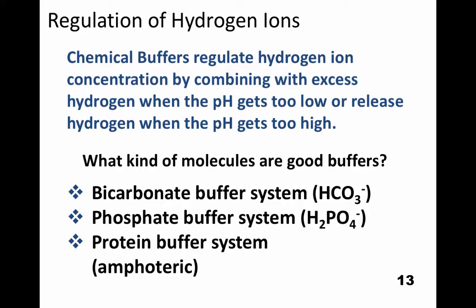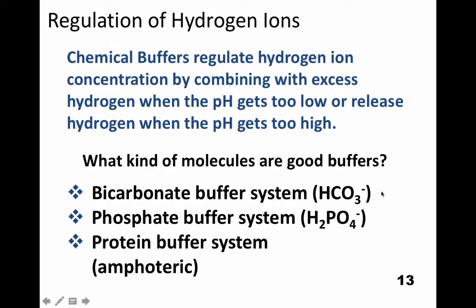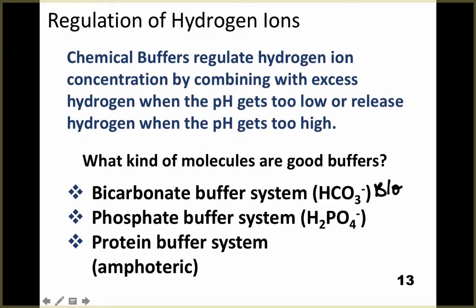And so where are these important? The bicarbonate system happens in your blood. The phosphate buffer system is extracellular, right, with the blood, and intracellular in the sense you can find it most often in urine.